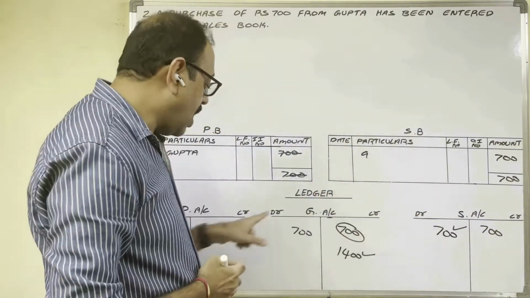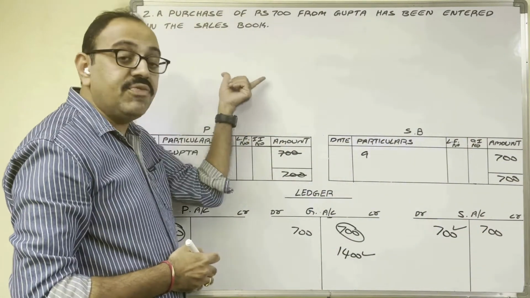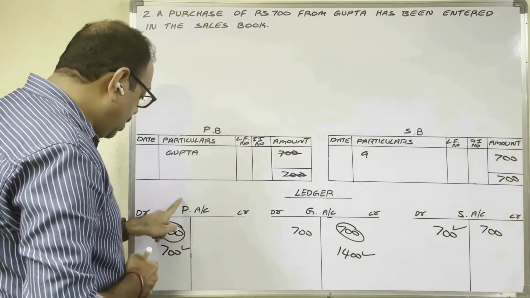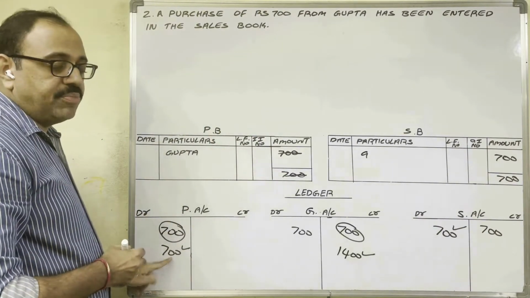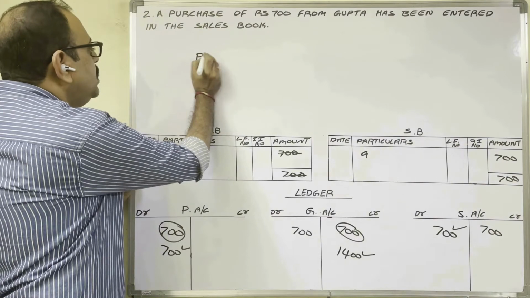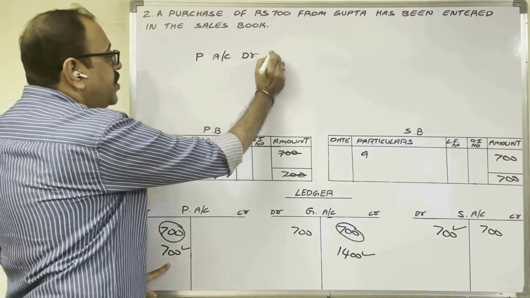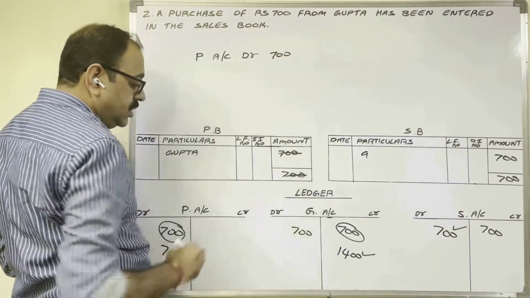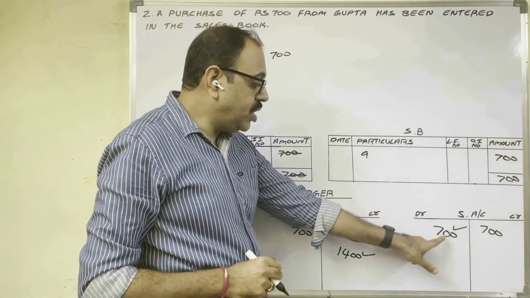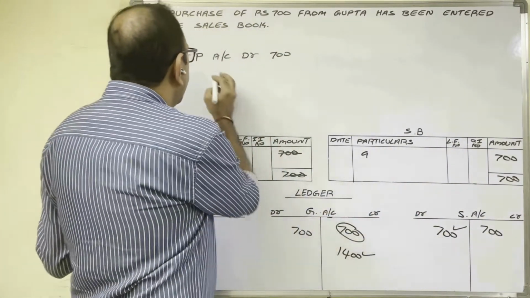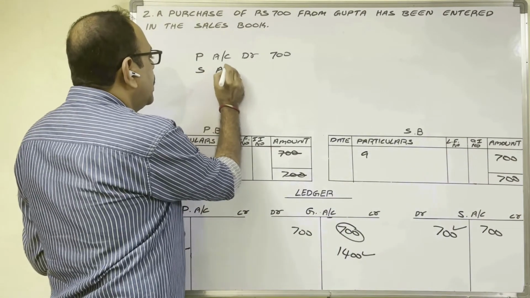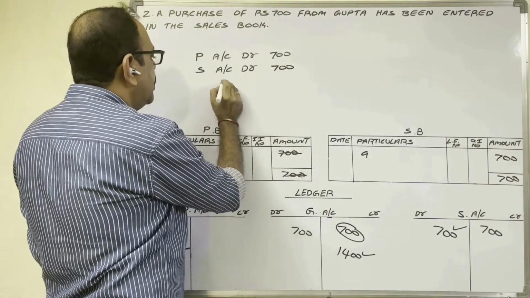So based on these answers, let us write the rectification entry. In the purchase account, debit side answer came. Therefore, purchases account debtor 700. In the sales account also, debit side only answer came. Sales account debtor 700.